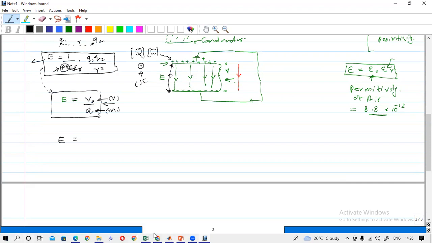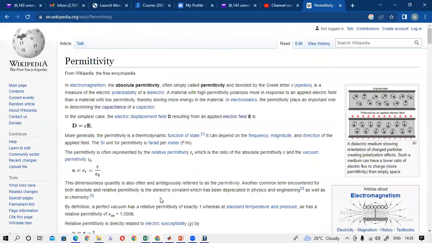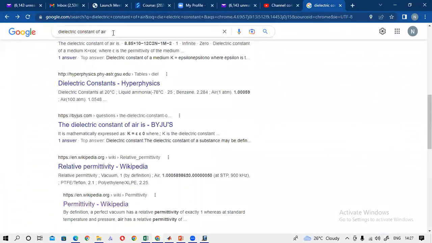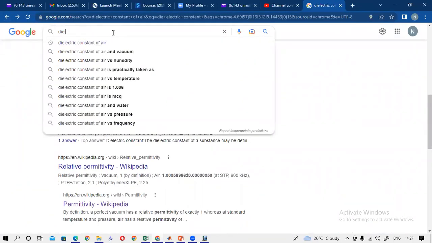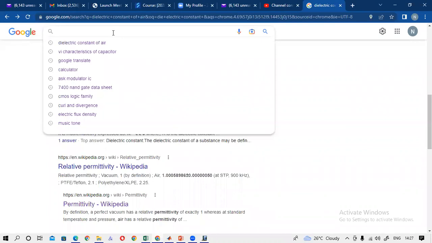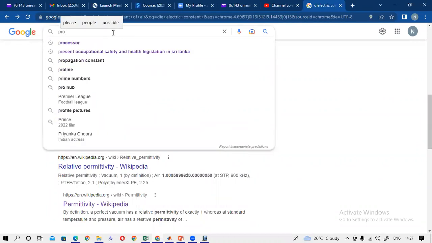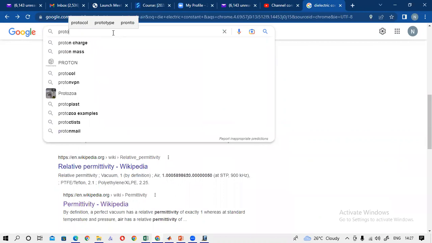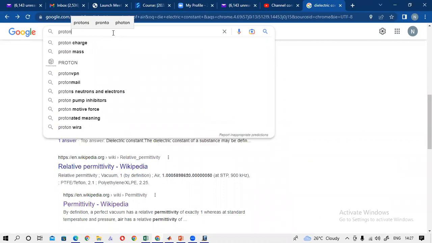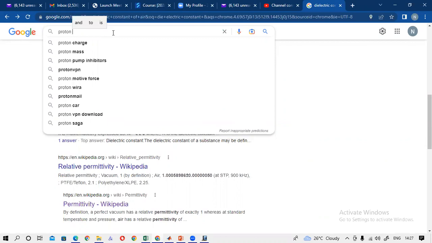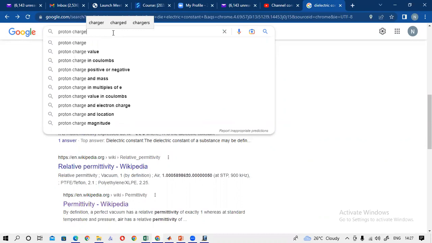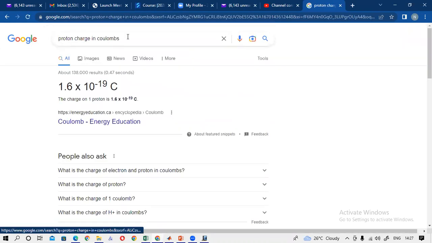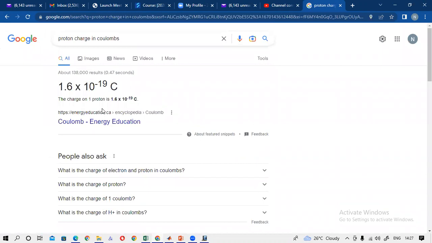I think you can find that value on the internet. Let's search for the proton charge value. Yes, the value is there. So this is the charge value for one proton.